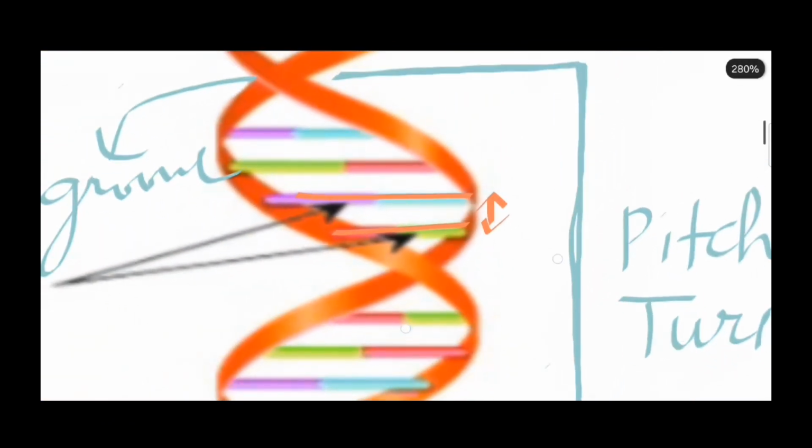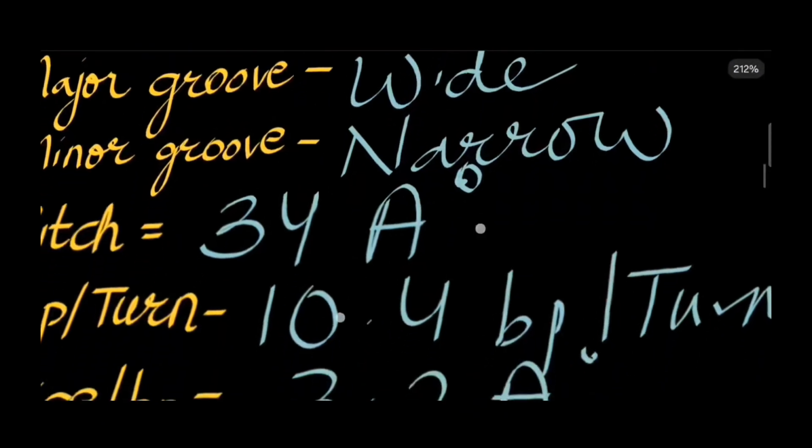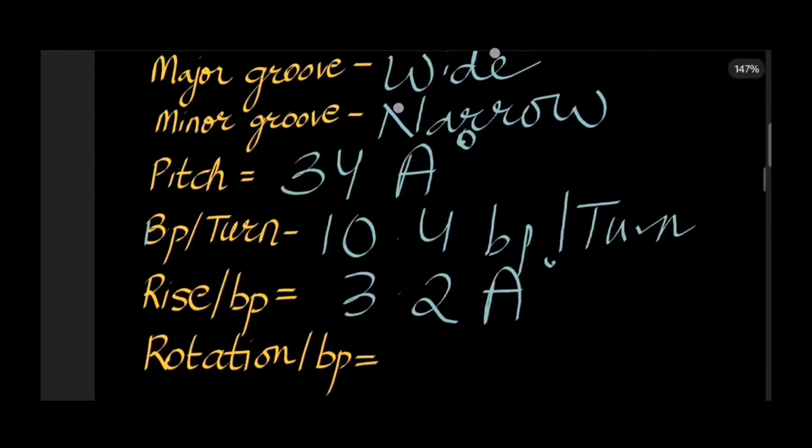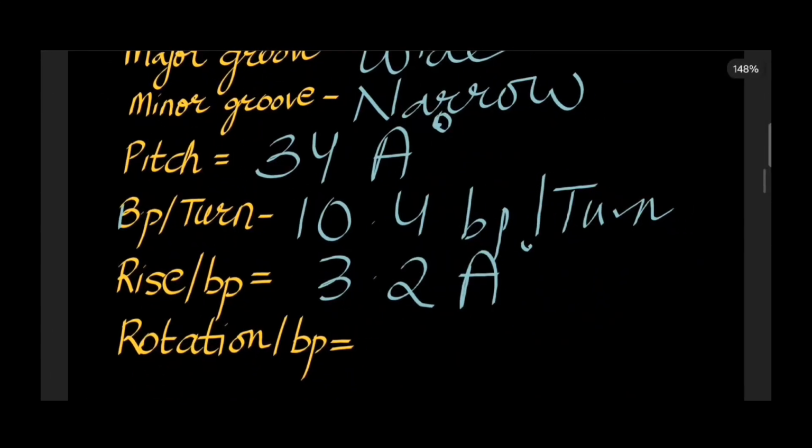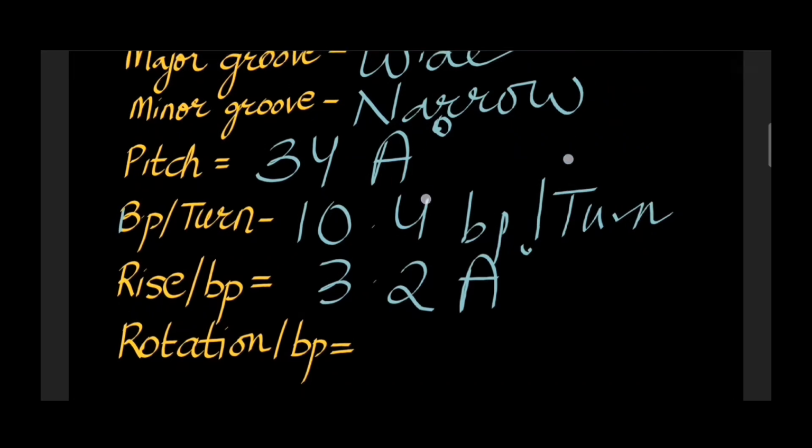Okay, now let us go to the last one, that is rotation per base pair. Now imagine if you are walking on a spiral staircase, moving up each stair, and imagine that each stair is like the base pair of the DNA, because as you can see out here, this looks like a stair, right?